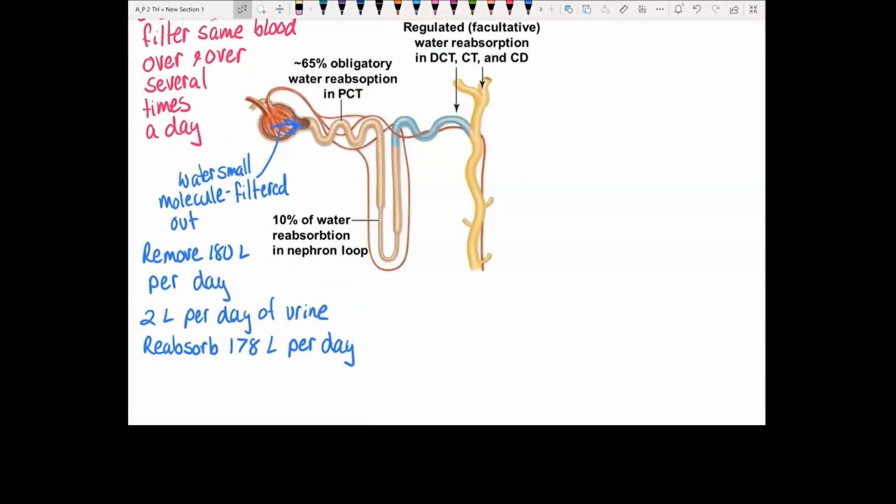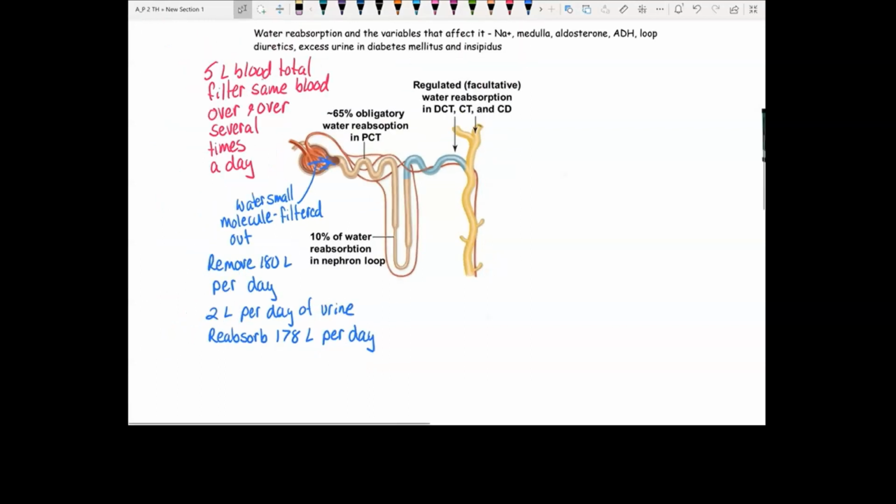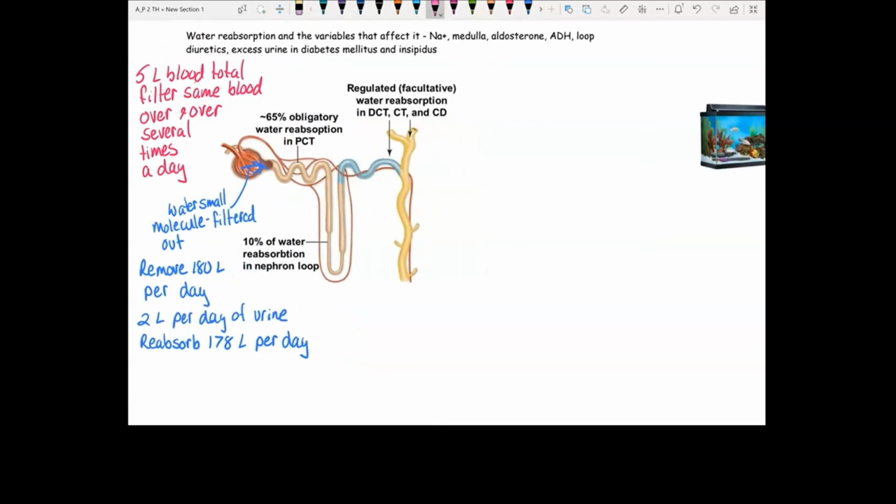So you have 3 main processes that you're reabsorbing all this massive amount of water. Number 1 is right here, the 65% obligatory water reabsorption in proximal convoluted tubule. So this one is about sodium. Your proximal convoluted tubule reabsorbs sodium.